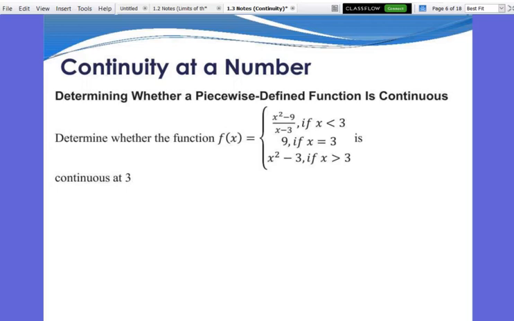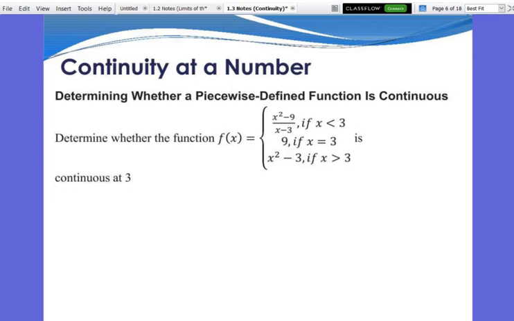Is it undefined? So what is ln 1? Thank you. Things that are identities, you got to try and remember those.